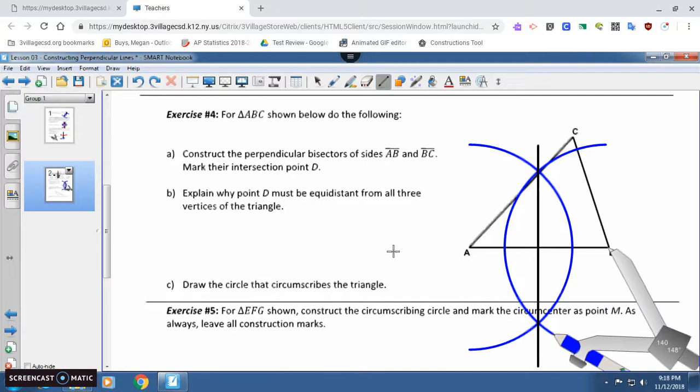So we have the first perpendicular bisector. We're going to repeat the process from B to C.